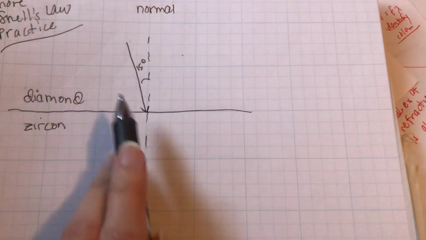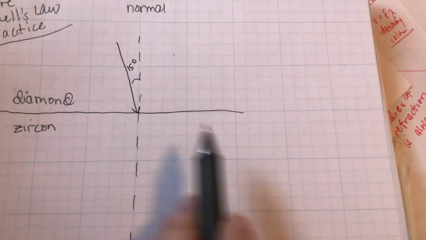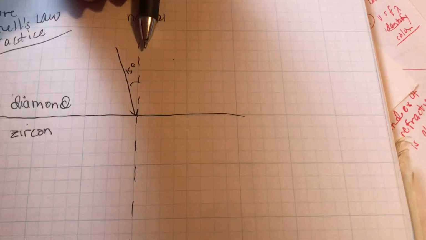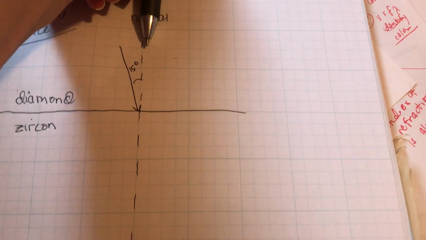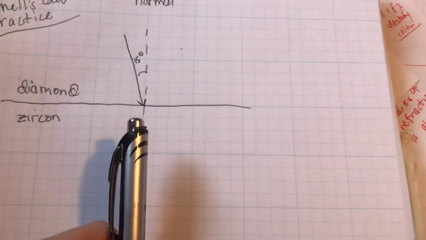Remember, the normal is that perpendicular imaginary line that runs at a 90-degree angle to the interface. And remember, when we shine light directly along the normal, or 0 degrees from the normal, that light will not bend. In other words, it won't refract.